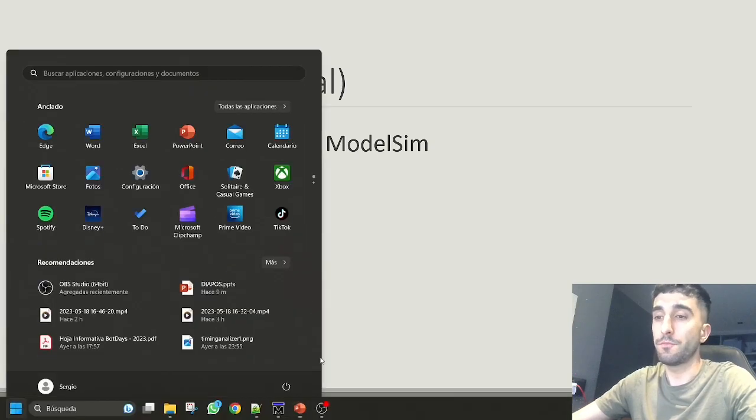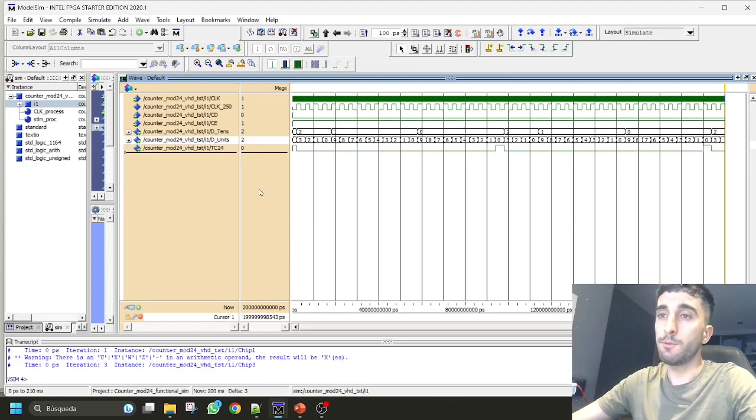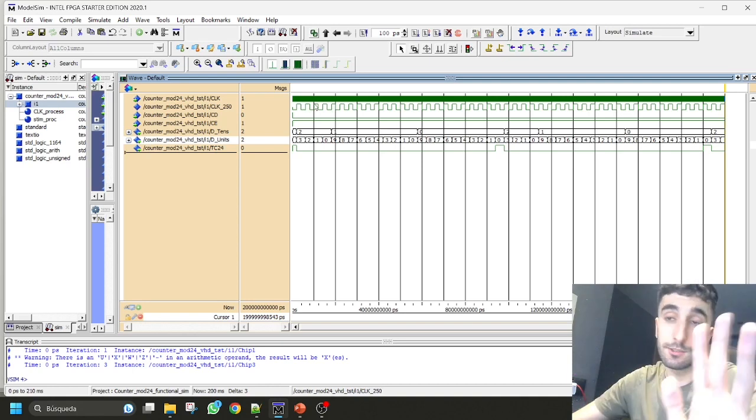Let's have a look at it. Here we have the simulation in ModelSim. As we can see here, we have the input clock of 50 MHz, and then we can see here the signal created thanks to the CLK generator. It's a signal of 250 Hz, sorry.